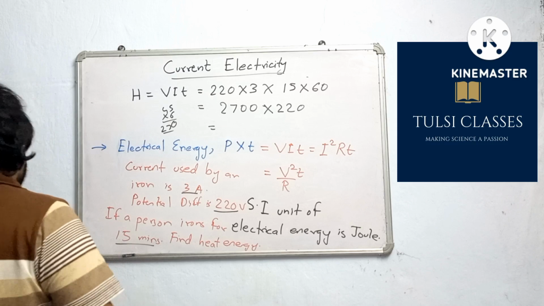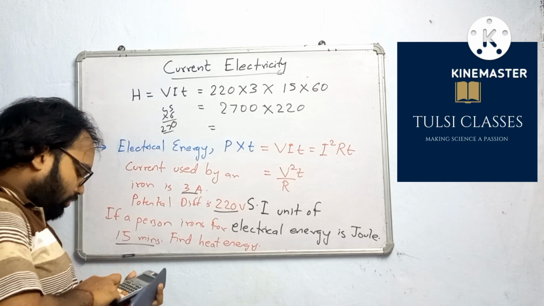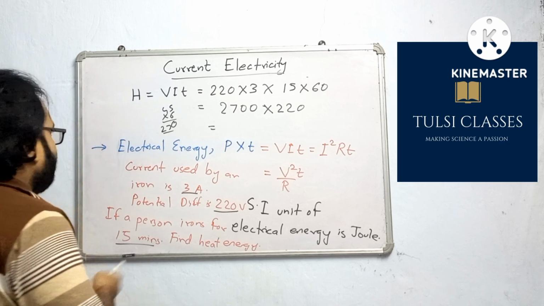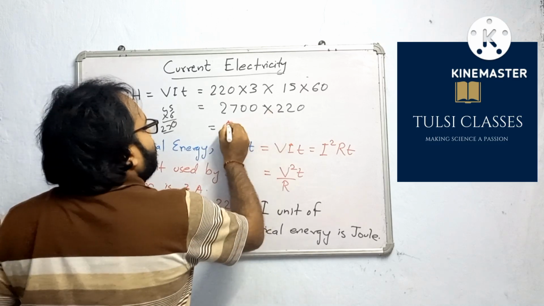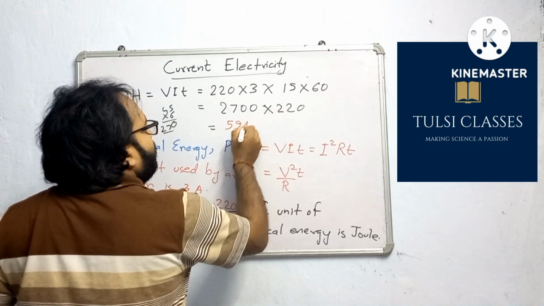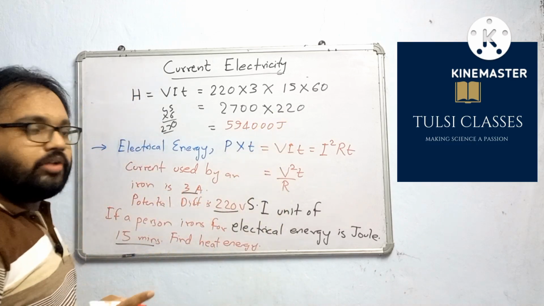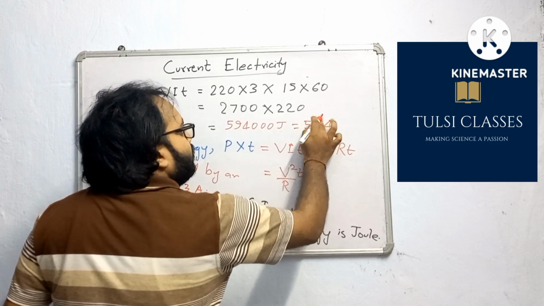Multiplying, it becomes 27 multiplied by 22, which is 594. So this is equal to 594,000 joule, or 594 kilojoule.